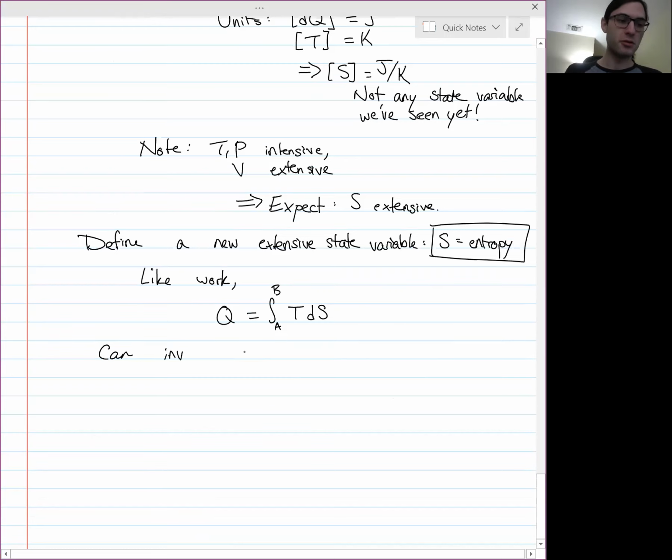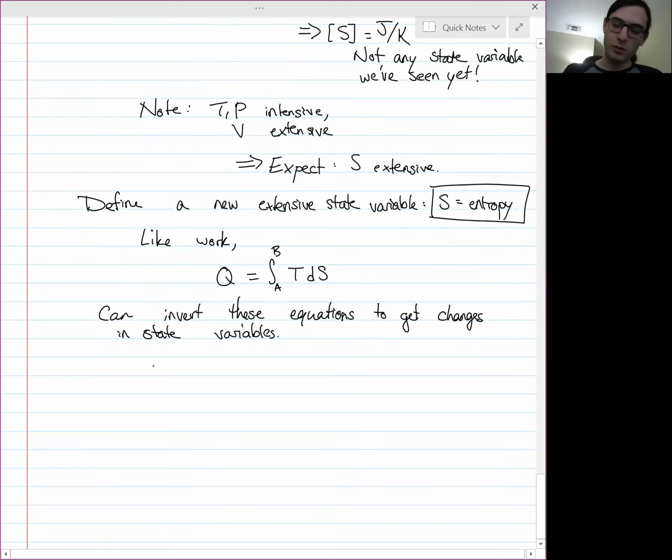Right, so we can invert these equations, dW equals PdV and dQ equals TdS, to get changes in state variables. This is going to seem weird, and what I'm about to do is not rigorous mathematics.